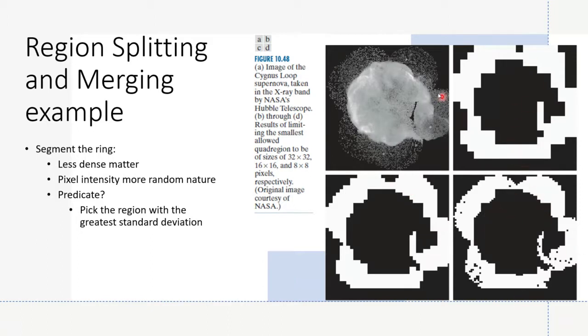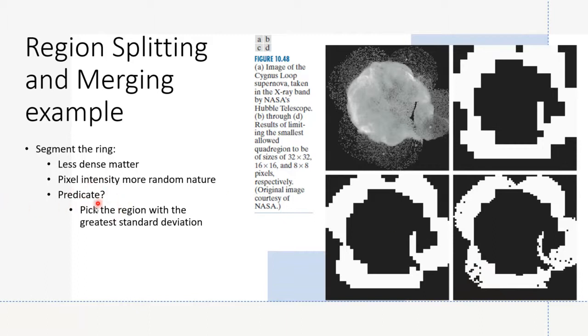So basically, you have a better definition if you allow for smaller regions in this quad tree. There is always a caveat. The smaller the region you have for segmentation, the more memory you're going to use, and the longer it takes to process it all, right?